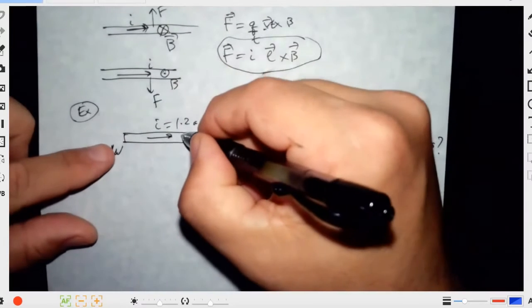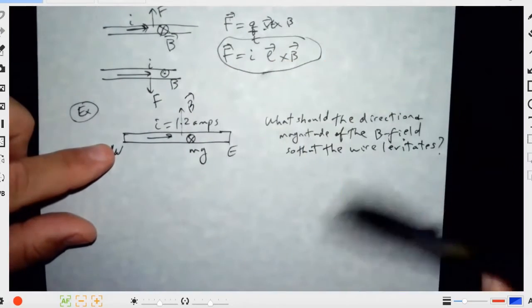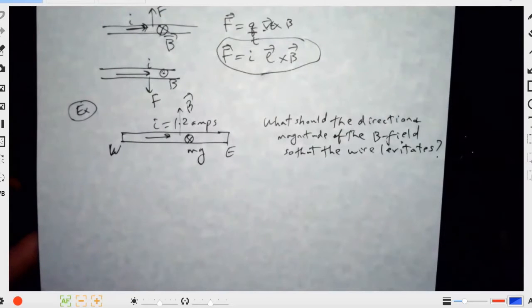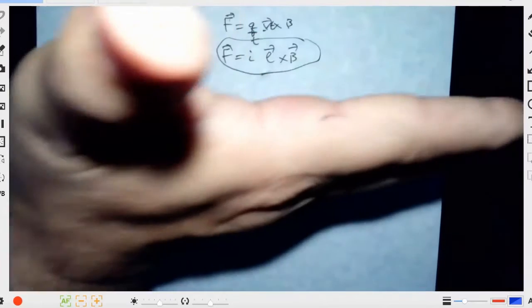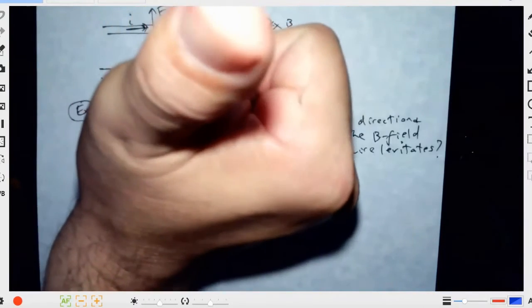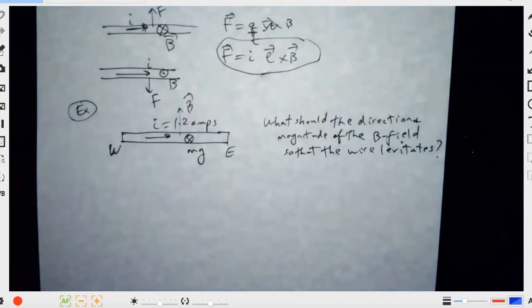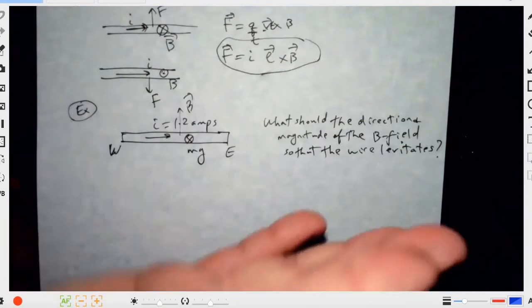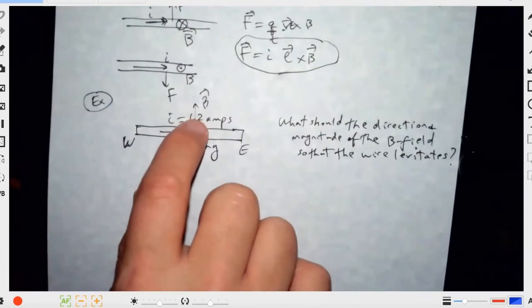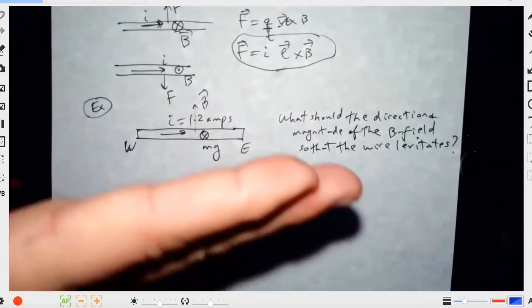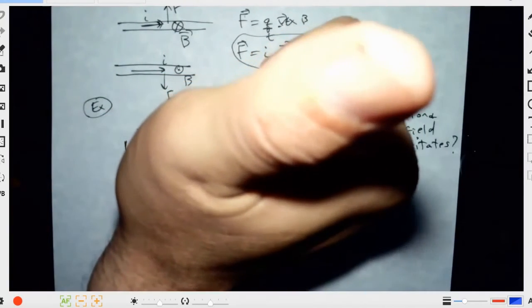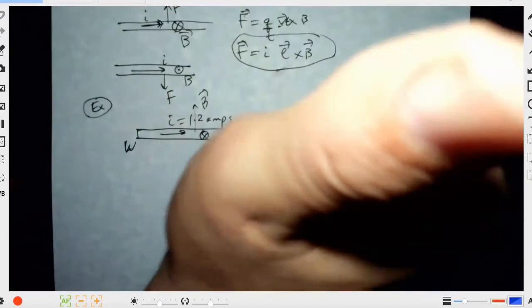Let's see, if the magnetic field is this way, what would the direction of the magnetic force be? I crossed into B, out of the board. There you have it. So it's kind of like trial and error. Current I, because in this case the current is already given, crossed into B, and this is the direction of the force.